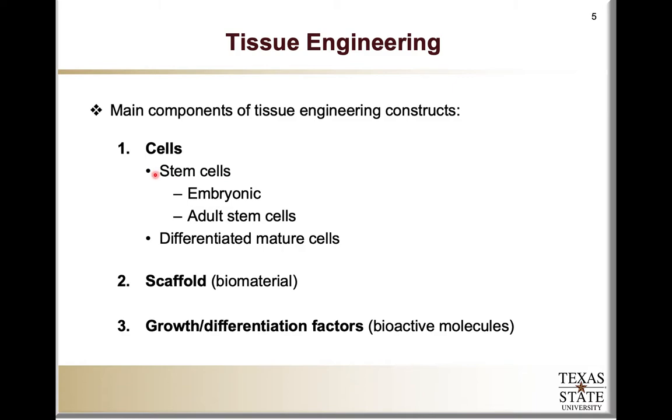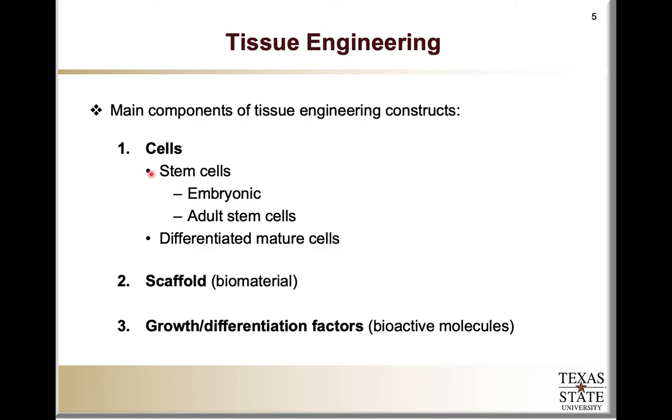Of course, the cells of a muscle are going to be different than neural cells or endothelial cells, for example. And so, of course, they have to have different properties, and the stem cells would be able to differentiate into those types to be able to carry out those functions.